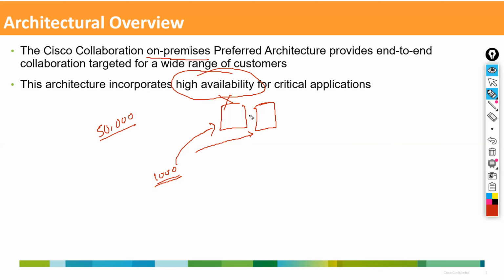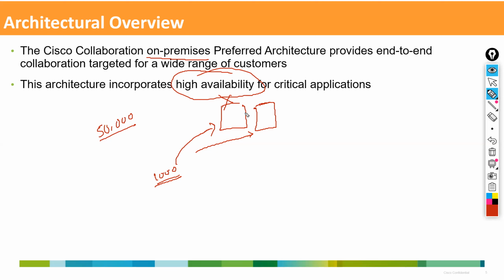Getting the point? So in the production network, in any domain in IT, I'm not talking about only collaboration, whether you get into the server side as admin, or the network side, or the security side, in any domain, high availability, redundancy, backup is very important. If one goes down, for example, we have one server and all the Airtel customers are registered under it.